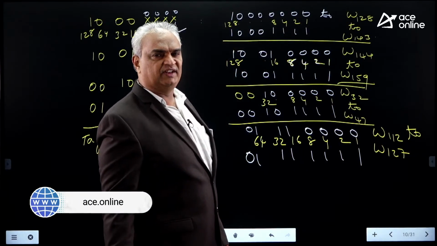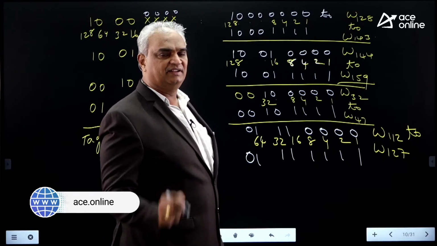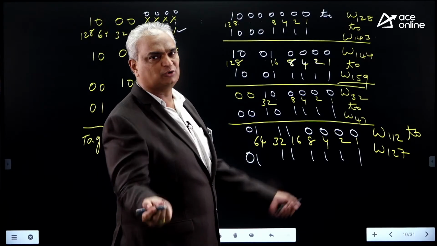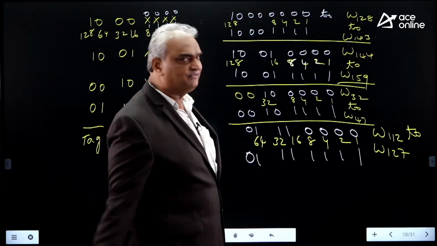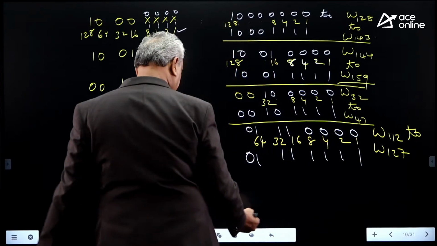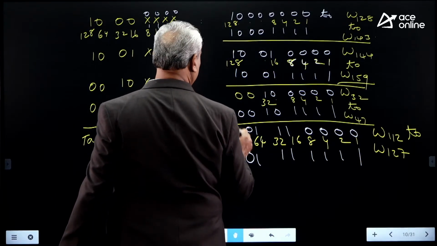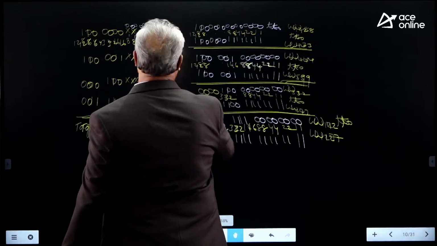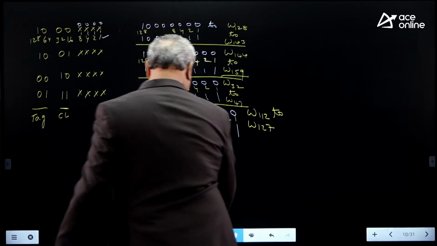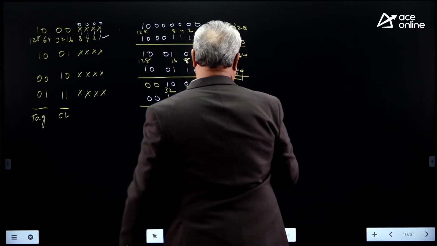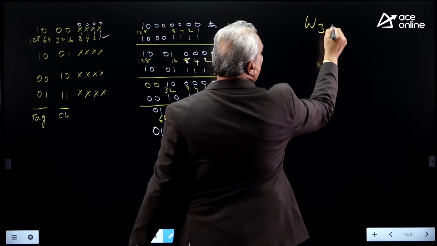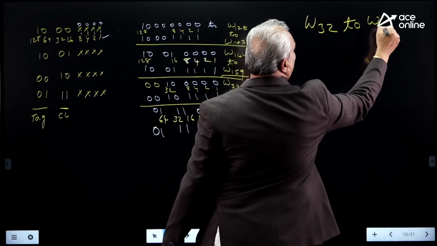Out of 256 words from main memory, cache memory can accommodate only 64 words. What are those? According to the given information, those words are nothing but, watch this. First of all, 32 to 47, W32 to W47.